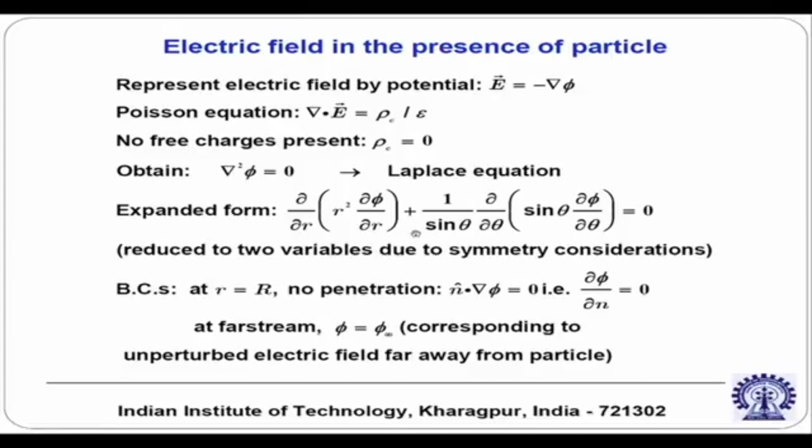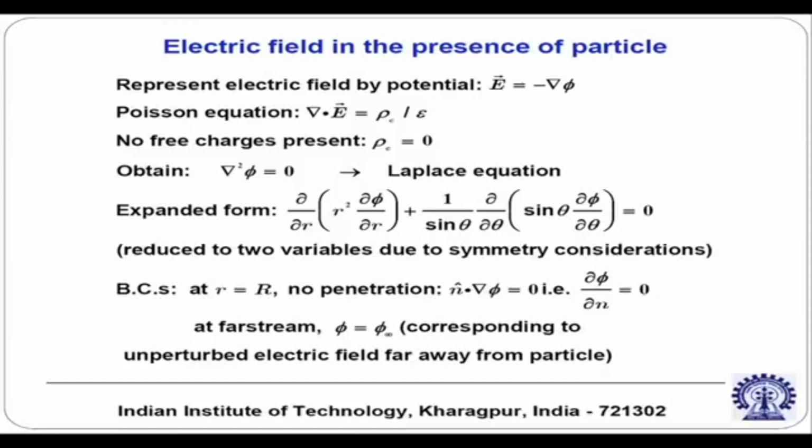This is the form of the equation. Of course, we will try to outline the solution of this equation on the board, but I am just giving you first the form of the equation with the boundary conditions. This is nothing but the Laplace equation in the r theta coordinate system.